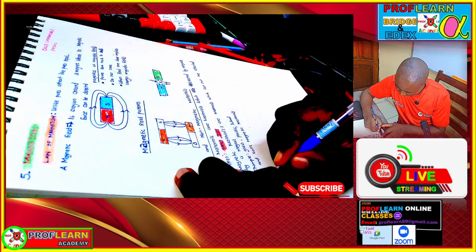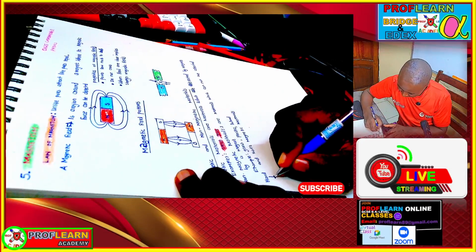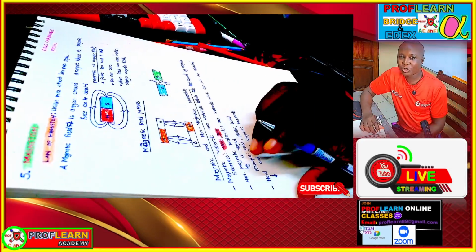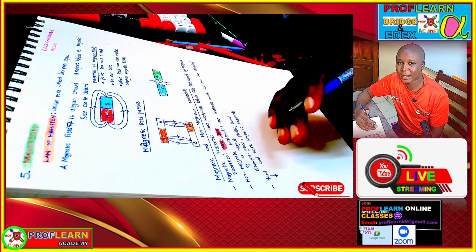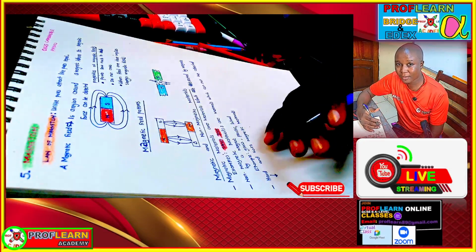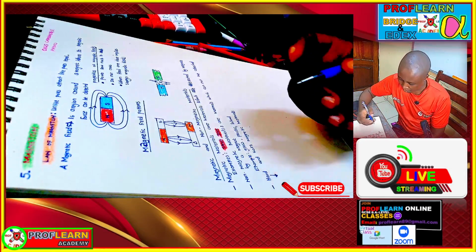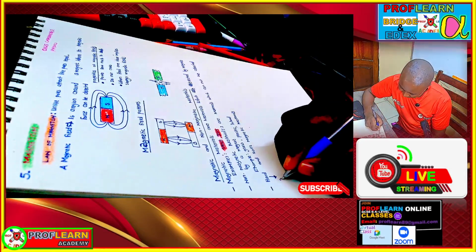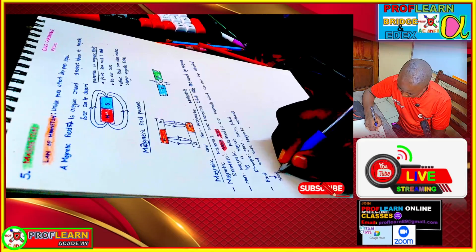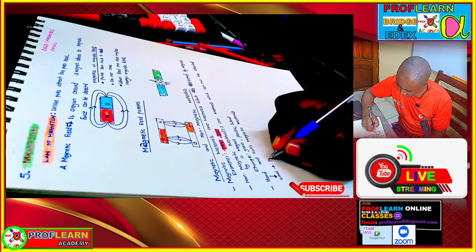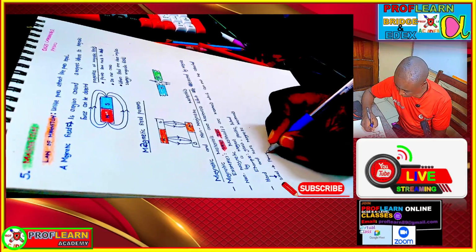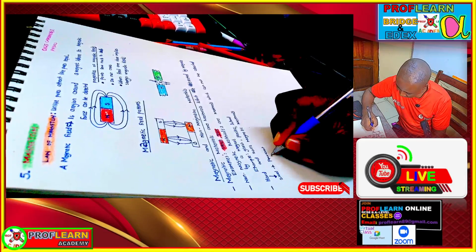Hard magnetic materials are materials which are difficult to magnetize, but once magnetized, they retain the magnetism for a long period of time. An example of that is steel, which is used to make a permanent magnet.